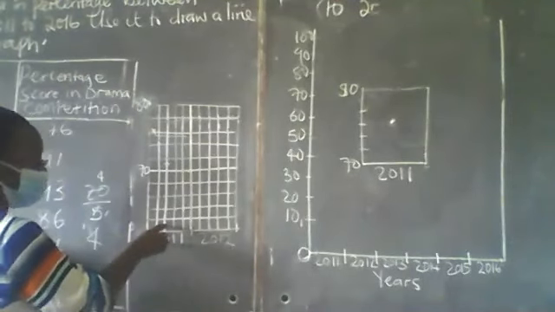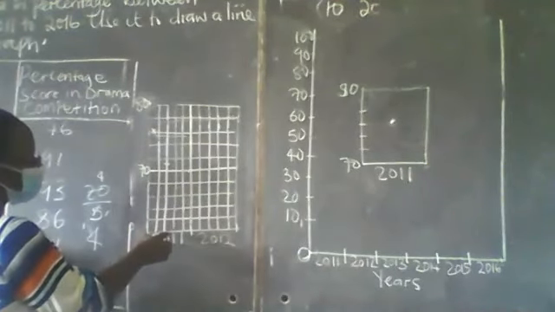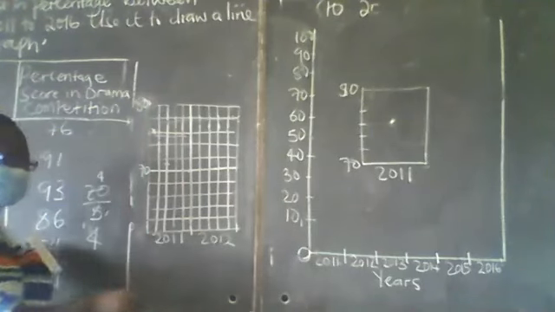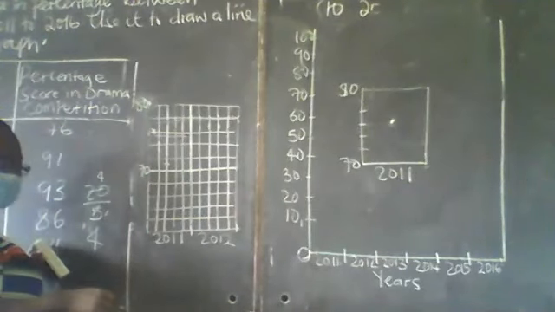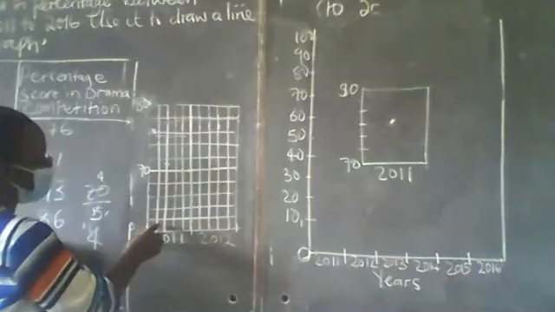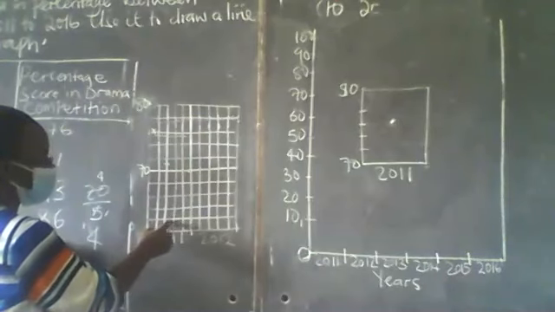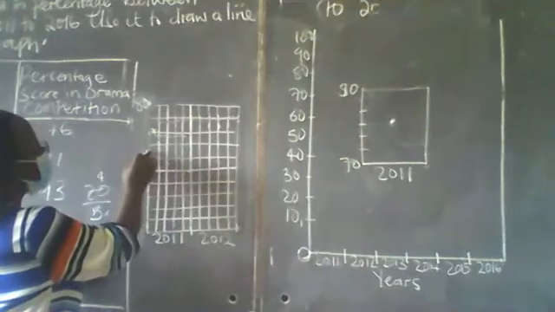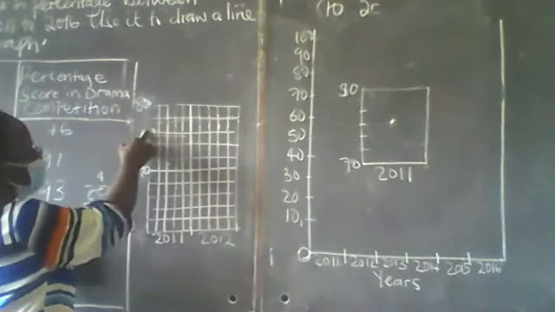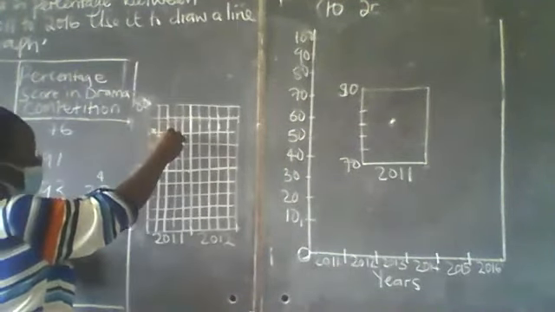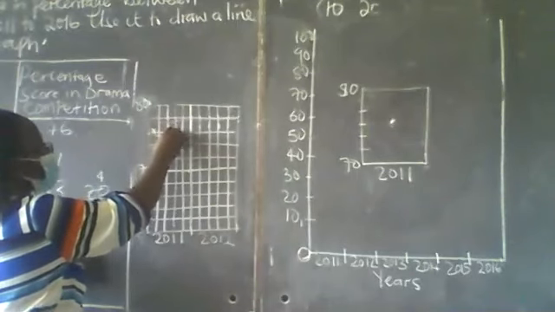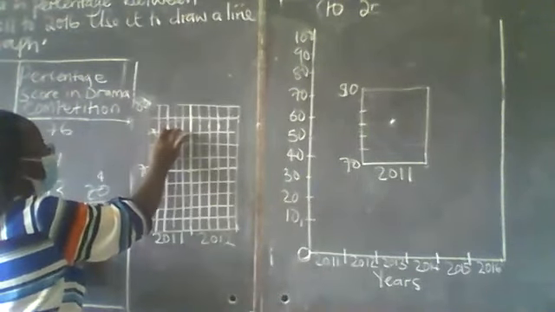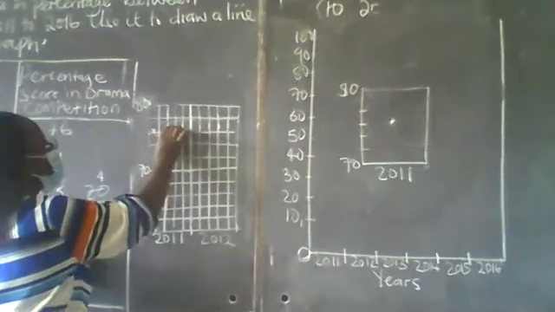So the midpoint for these two would actually be 2.5, okay? So I'm saying 1, 2. So between this third box, that is where our midpoint is. And we know our 76 is on this line, okay? So I would plot here a dot.